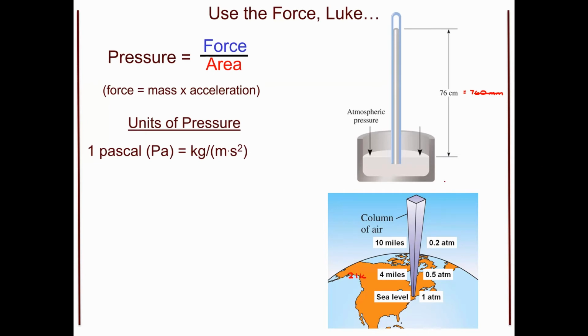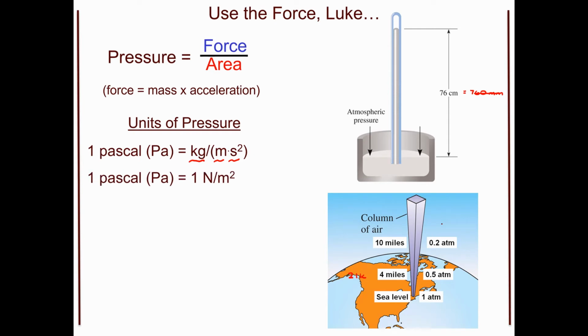The Pascal used to be our SI specific unit. The reason why is you will see the kilogram, the meter, and the second, all SI derived units. So 1 Pascal is equal to 1 kilogram per meter times second squared. However, most of the calculations we do are going to use another unit.